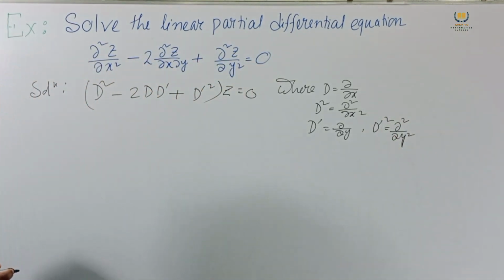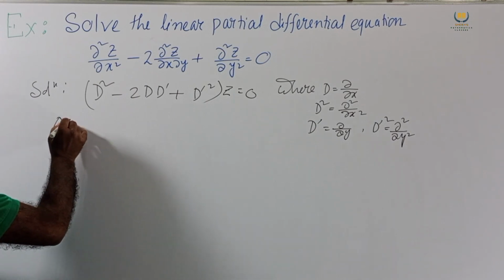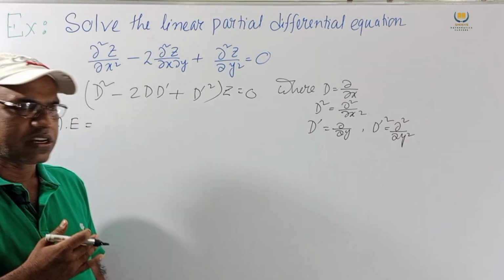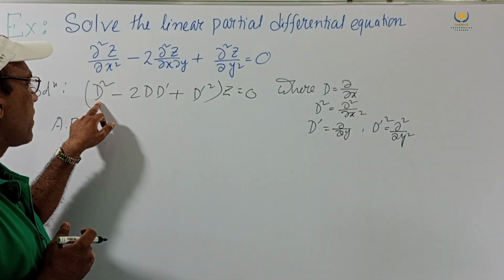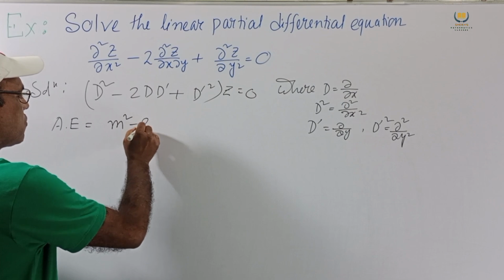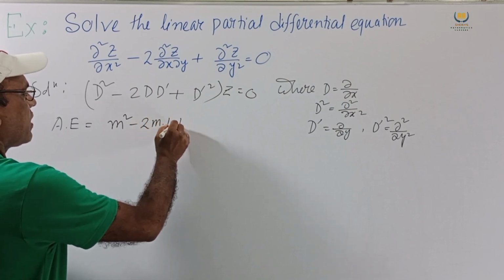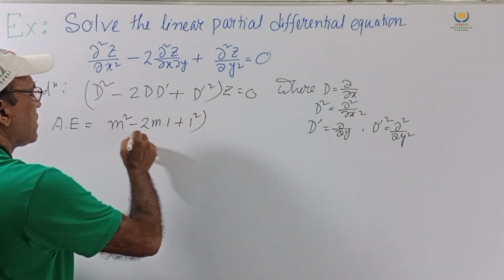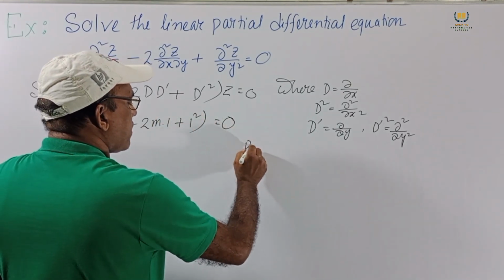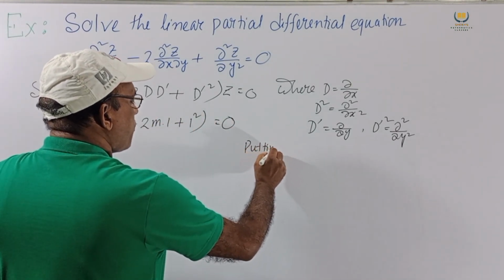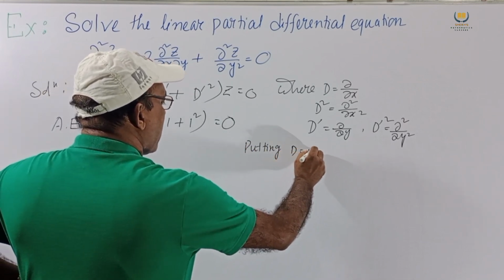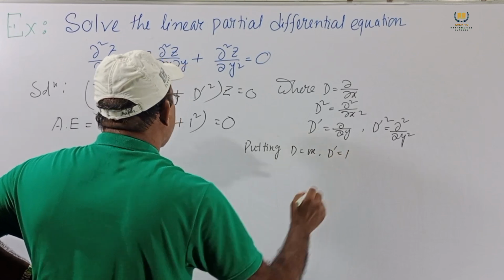We get this. Now the auxiliary equation: when we write the auxiliary equation, we put D equal to m and D dash equal to 1. So this equals m square minus 2 into m into 1 plus 1 square equal to 0. For finding the auxiliary equation, I put D equal to m, D dash equal to 1.